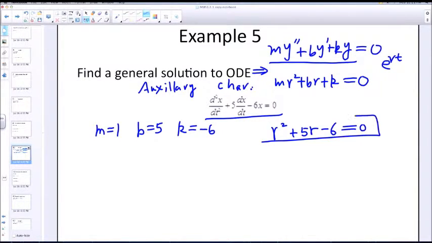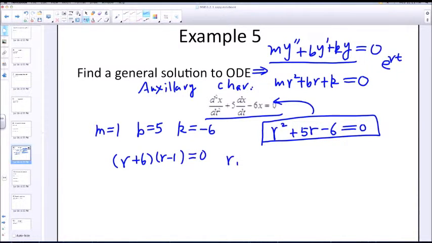That's the particular characteristic equation for this. We know how to solve that. We factor it out. (r plus 6)(r minus 1) equals 0. Got the 2 real solutions in here: r equals -6 and r equals 1.